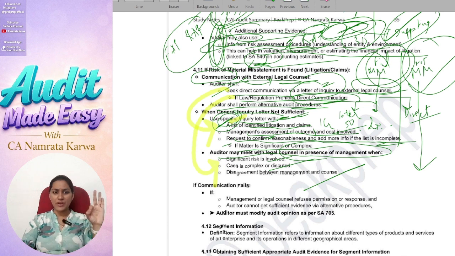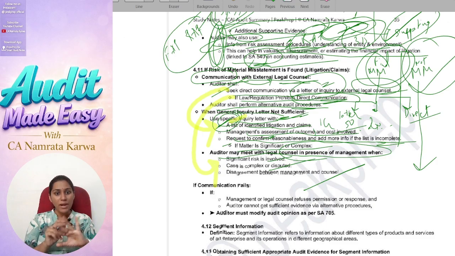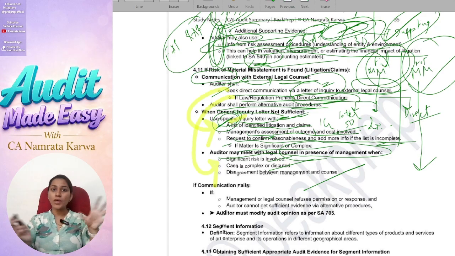There are three scenarios where you will be directly meeting with the legal counsel: where very high risk is involved, where the case is really complex, and where there is disagreement between the management and the counsel.